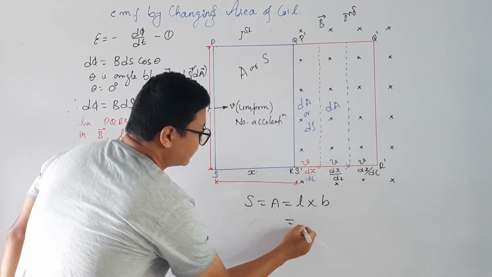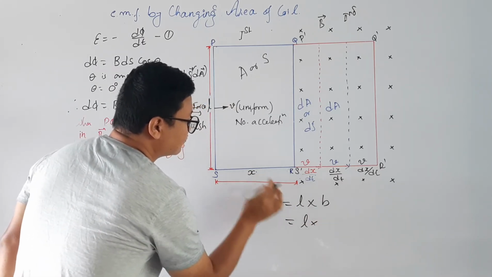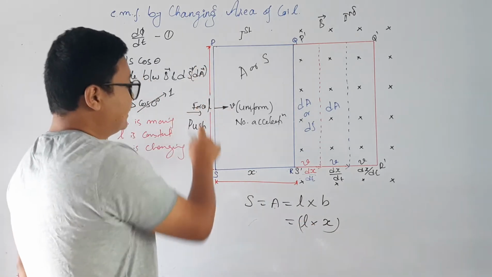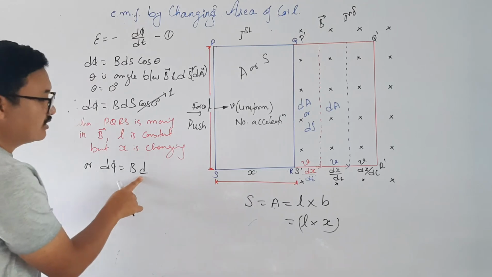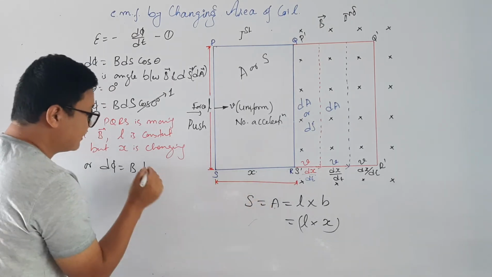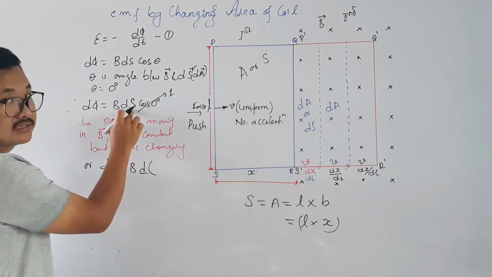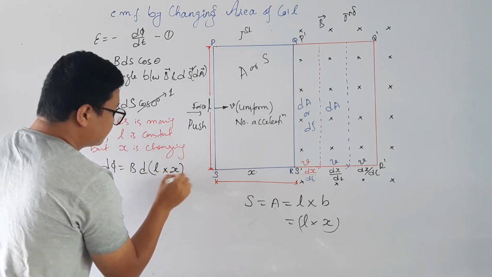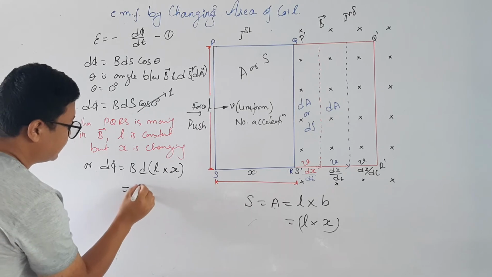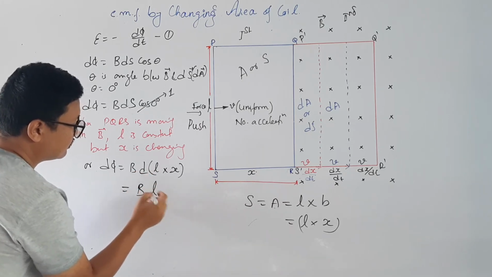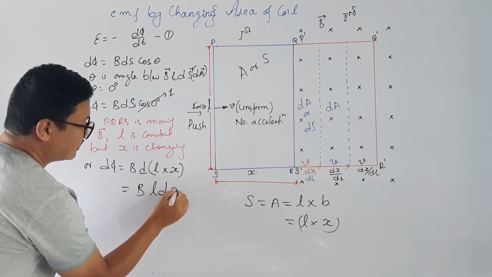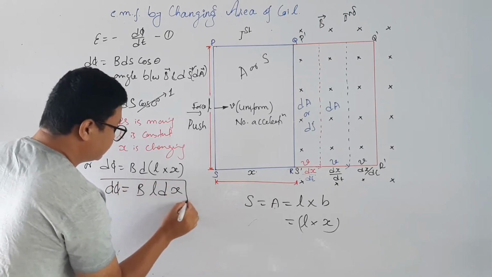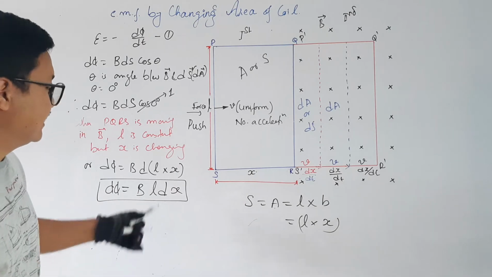Length is L and breadth is X. So instead of dS, we write L into X, which is equal to B. L is not changing, I will take it outside, and there will be dx. So d phi is equal to BL dx.